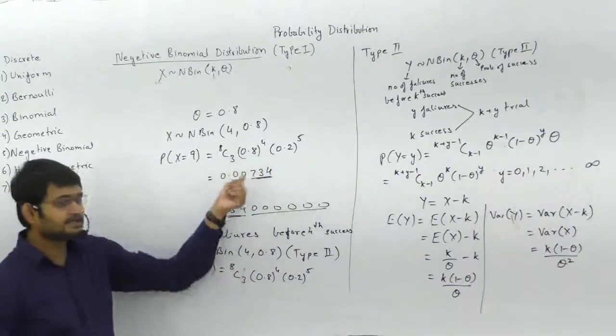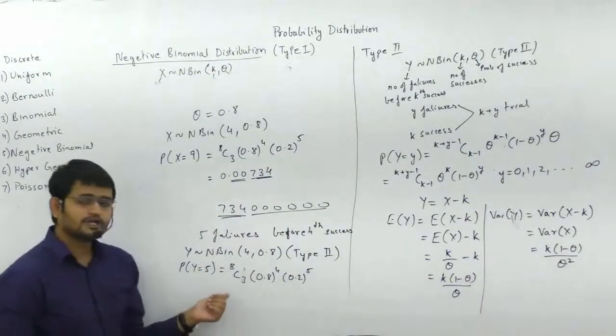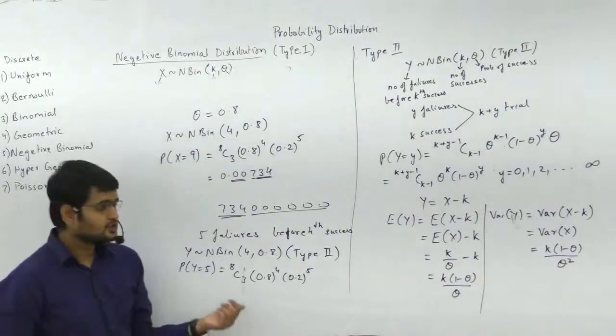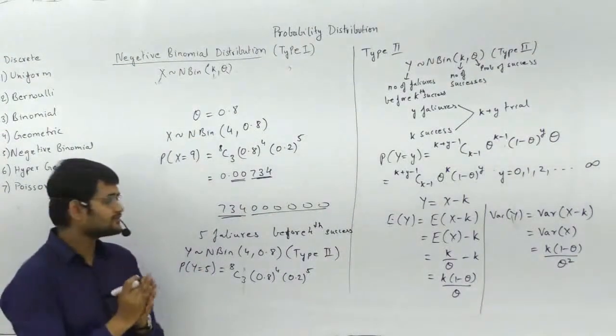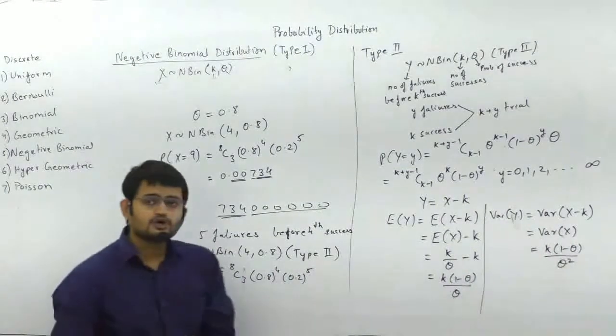So it is exactly the same value. Even if you use type 1 or type 2, you can get the same answer. So accordingly, if the question is framed differently, we'll use type 1 or type 2, even for the geometric distribution.